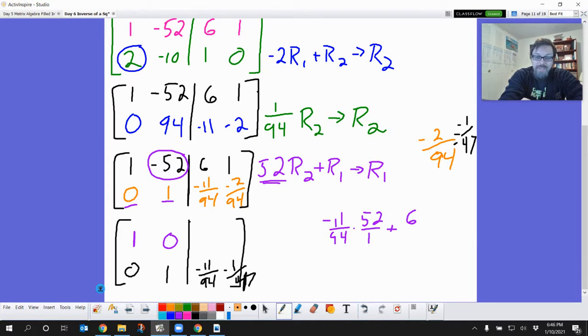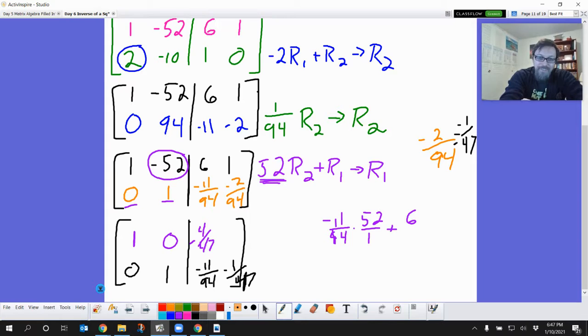Gross. So this is one it's fine to just type into your calculator. Fractions this bad? I mean, come on. That's not the point of this. So if you type that all into your calculator, you should get negative 4/47. I'll confirm that off recording.